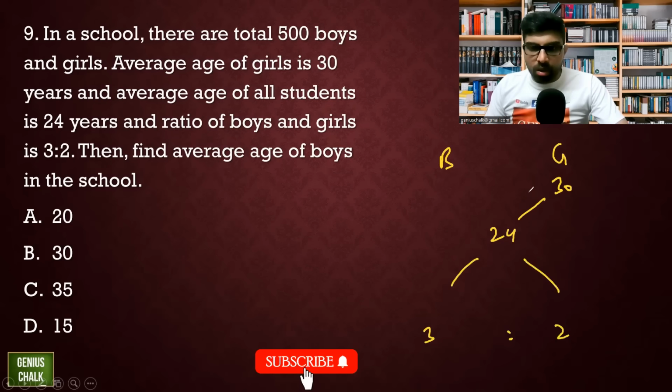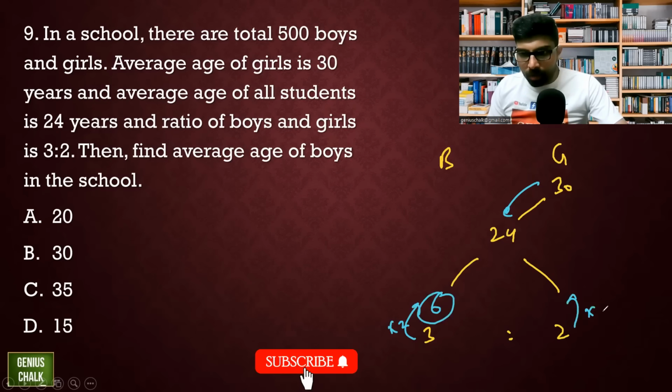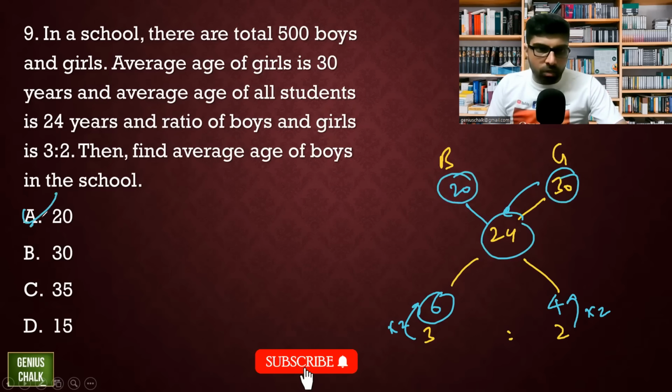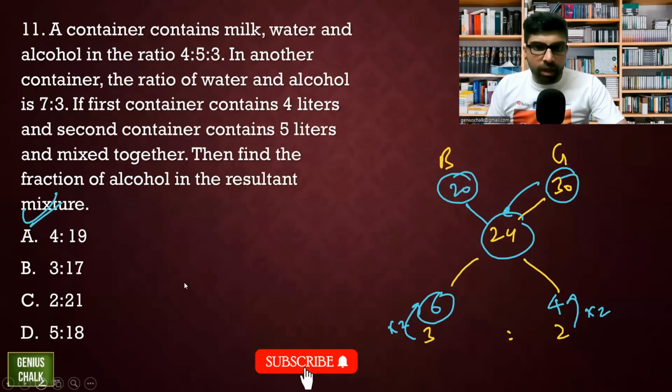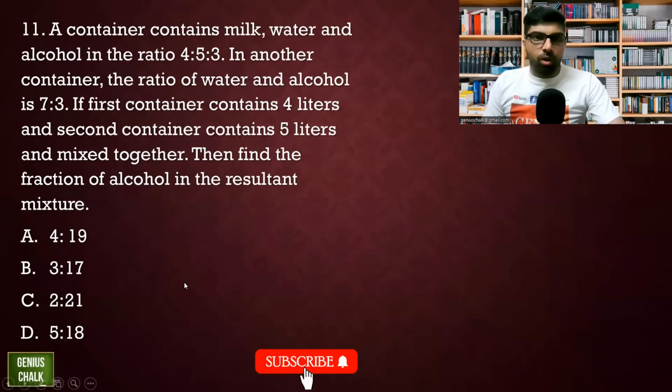So see, find out the ratio first. What is the difference? This 24 and this is 36, which is multiplying by 2. So this also has to be multiplied by 2, that is 4. So 24 minus 4 has to be 20. Then only between 20 and 30, 24 will lie. That's why the answer was option A. So you can try like this also, right? So these methods are valid for all of these types of questions.